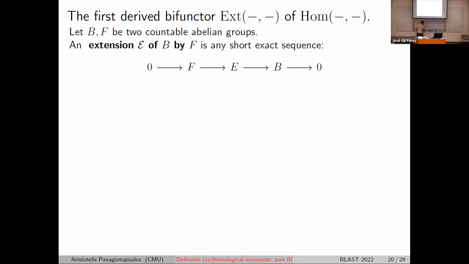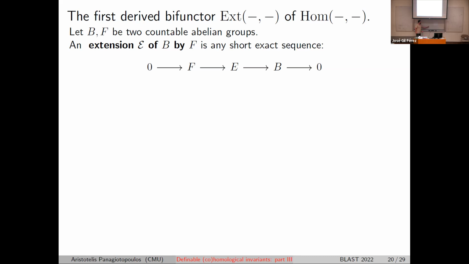Right, and whenever you have any two abelian groups, B and F, there is a natural thing to place in the middle, always. So whenever you have some fiber given to you and some base, you can always fill that here with something to make this exact.